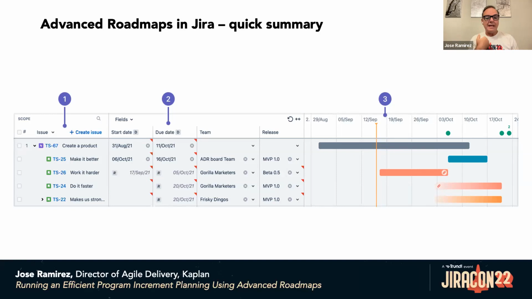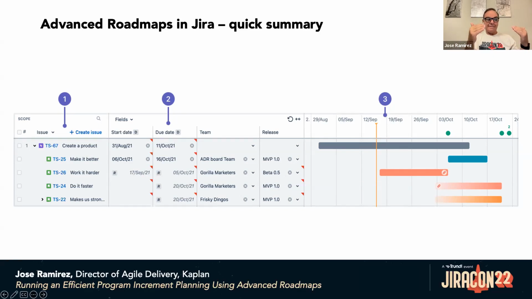But here in Advanced Roadmap, you can associate the color of the bars with another field, for example, the risk. And you will see in the final result I will present you later that, for example, you can use red for the high risk epics, orange for medium risk, and green for low risk.